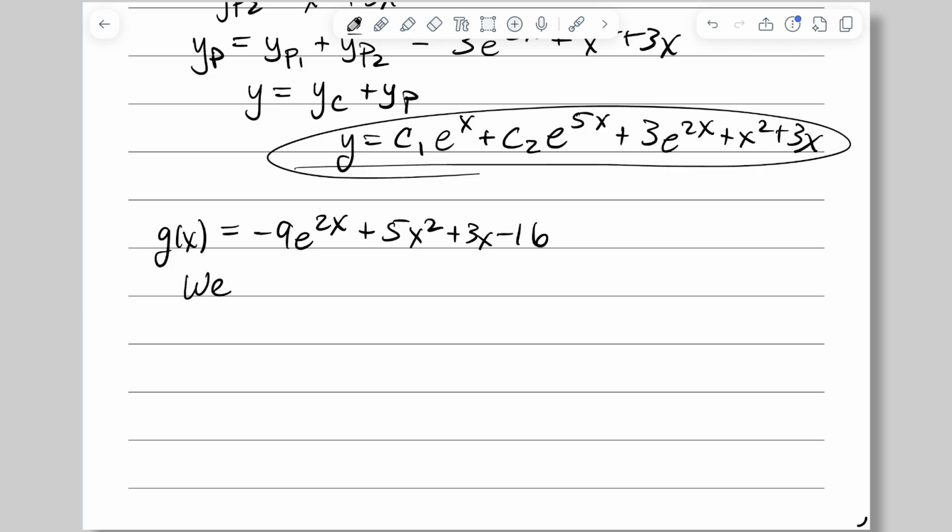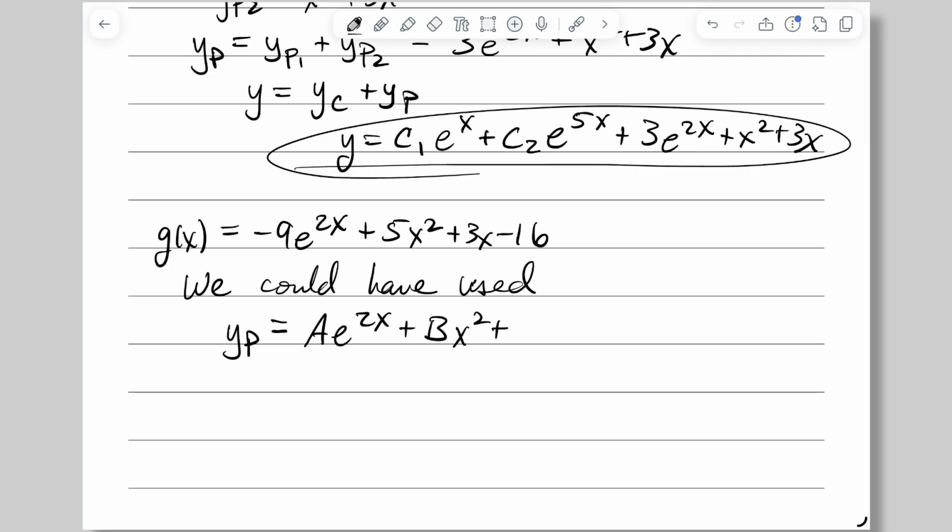We could have used as our particular solution yp is equal to ae to the 2x for the exponential part plus bx squared plus cx plus d for the polynomial part. I wouldn't reuse a in this case because that would imply that those two coefficients were the same. Doing this, it's about the same work. It's more to write it in individual steps, but you get to do it all at once. It's a wash.